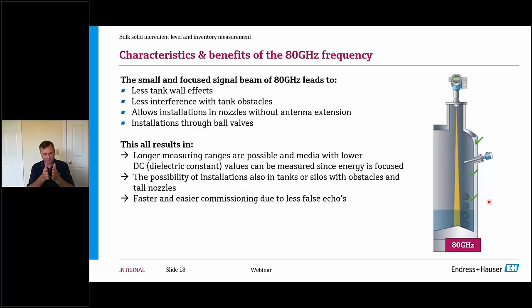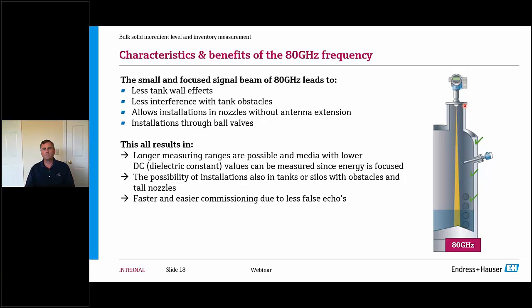Especially if you have a narrow path and you need to shoot down in between, then you get this narrow path. This eliminates issues you might have had with false echoes coming in from reinforcement on the sides, maybe buildup on the side of the silo wall, or anything else that might have been an obstruction.